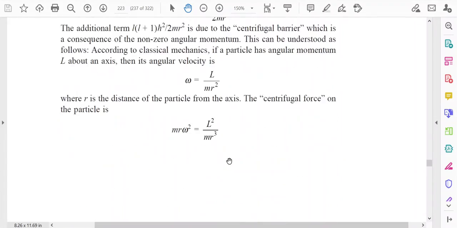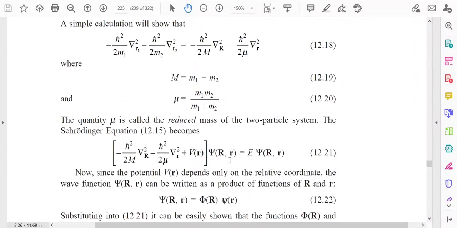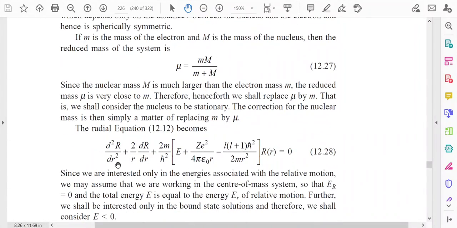So the final expression of the radial equation will become like this. We have just written the value of V(r) here. This is the expression of the radial equation, and we are aiming to solve this equation.